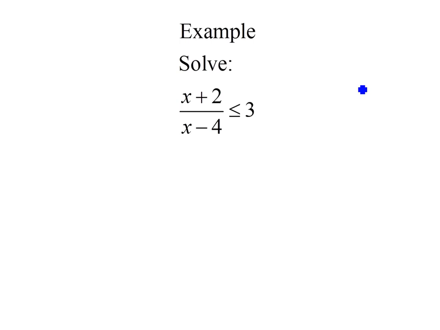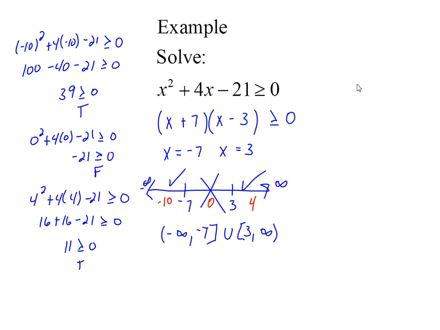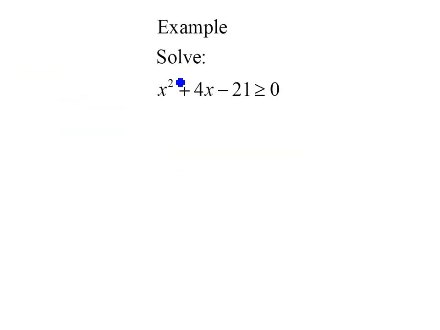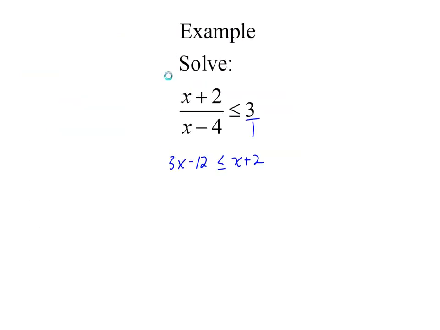What do you notice? What's different from this to this? But does it have to be set equal to 0? It's not a quadratic. It's linear. This is not a quadratic at all.